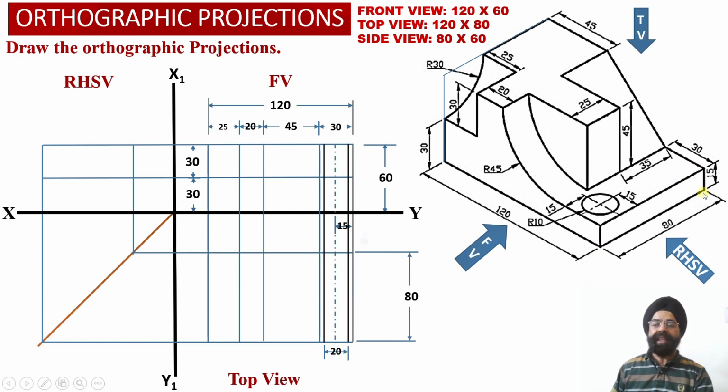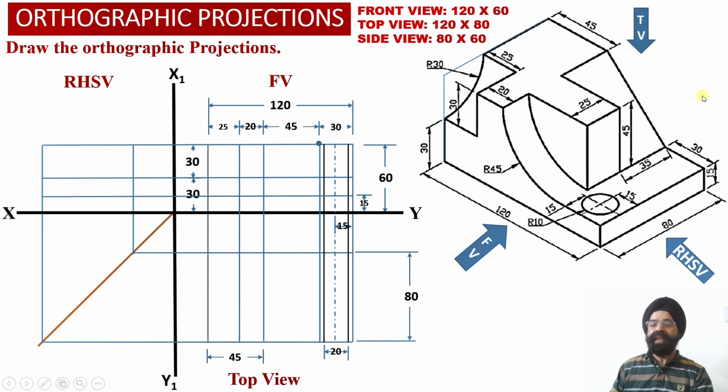Now we know that the height of this element number 5, that is the horizontal web, above the ground happens to be 15 millimeter. So 15 millimeter above the ground, we have marked a horizontal projector line into the front view projections, and we have extended this horizontal projector line into the right hand side view projections as well.